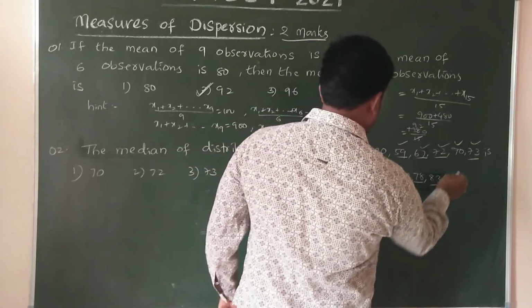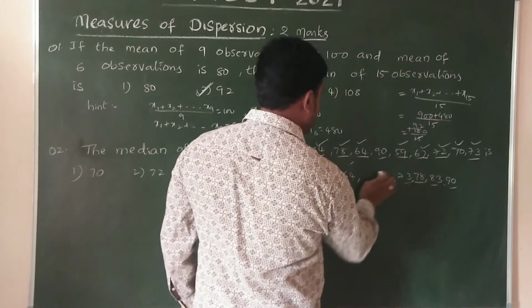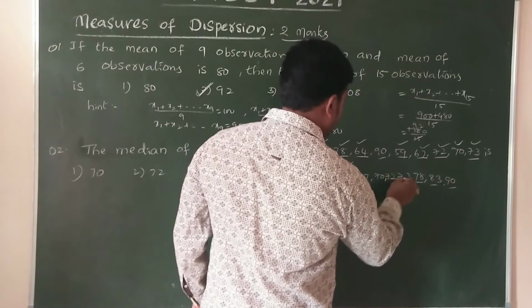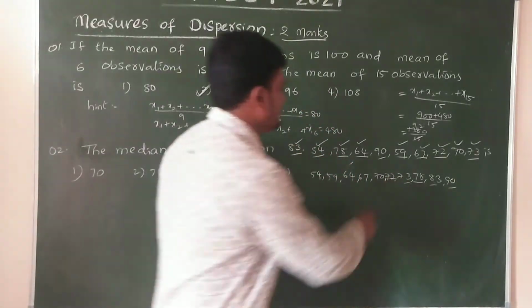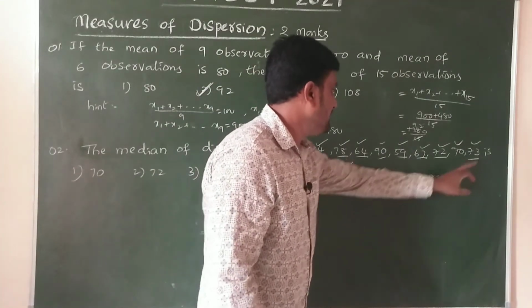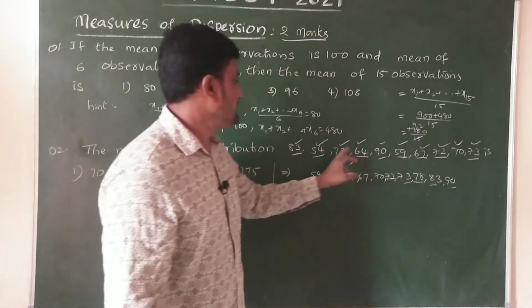Okay, then what about 70? We have extra 67 and 70, 72. Let us count: 1, 2, 3, 4, 5, 6, 7, 8, 9, 10.